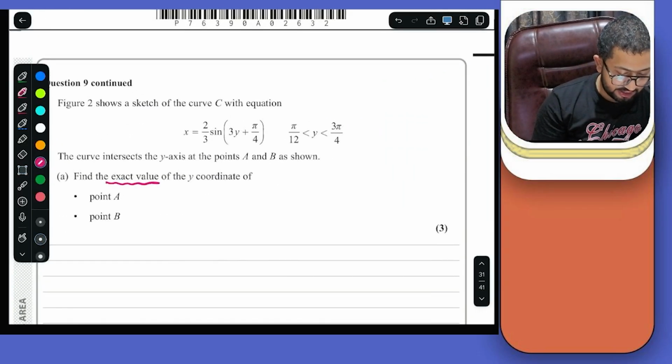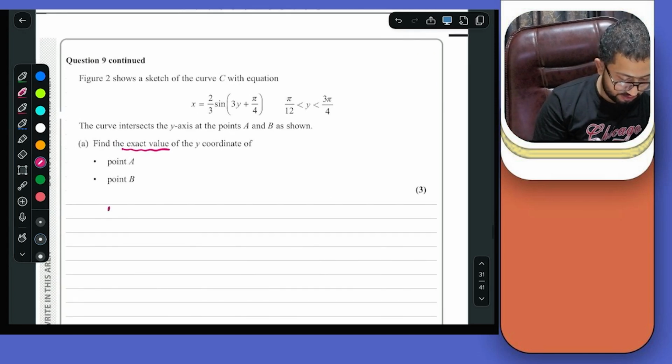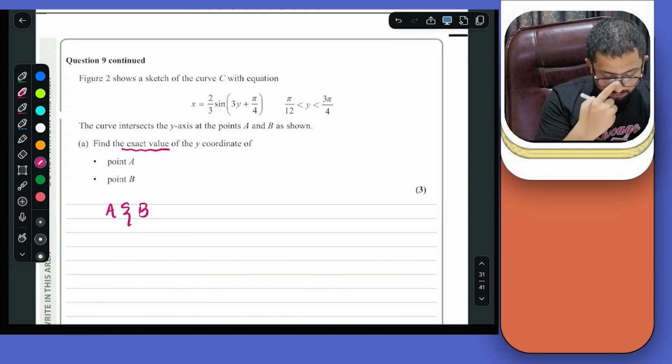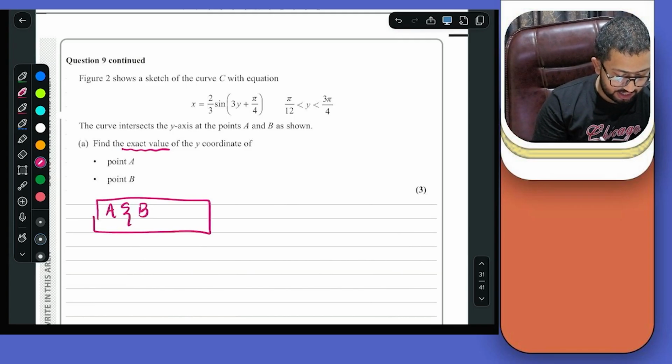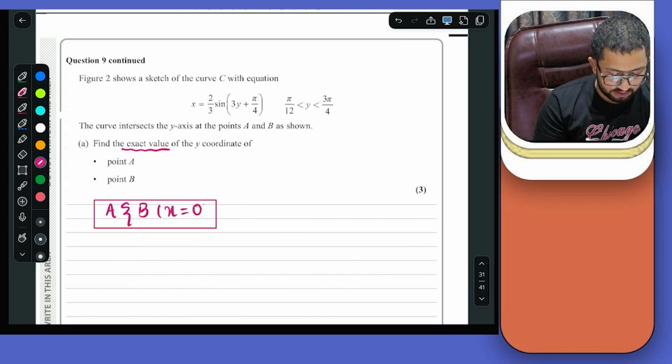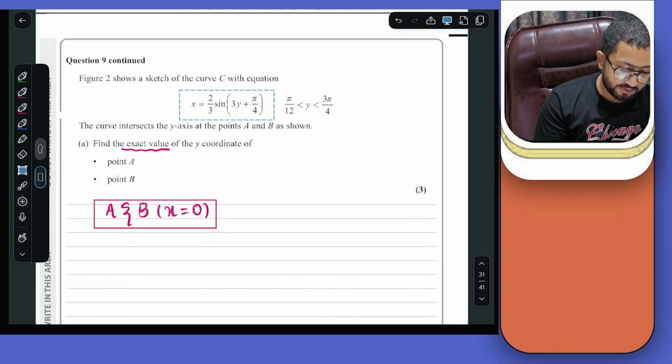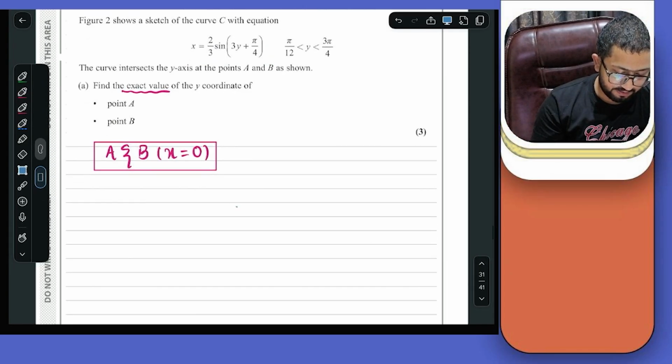So he's talking about exact value. If you want to find the y coordinate of point A and point B, we know that they lie on the y-axis. So on the y-axis, you have to put x equal to 0. So let's put x equal to 0 quickly.